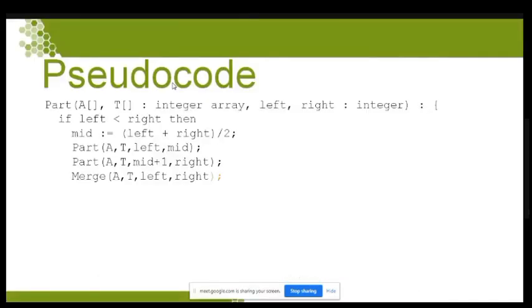Now we will see the pseudo code. I told you the two main functions involved in your merge sort process are split and merge. Okay, so here is the pseudo code for split. For split, we are passing four elements as our parameters.